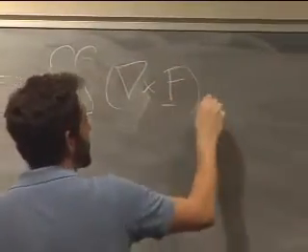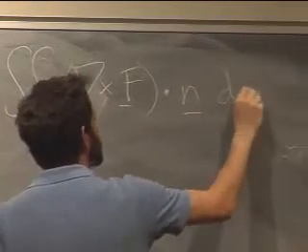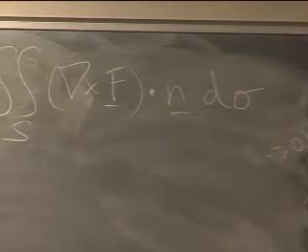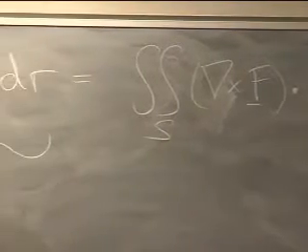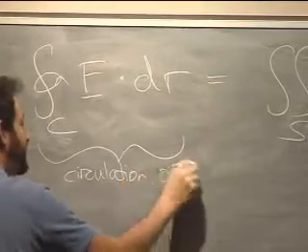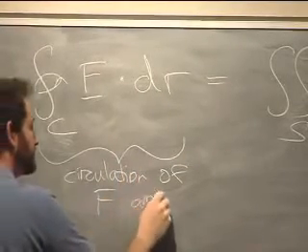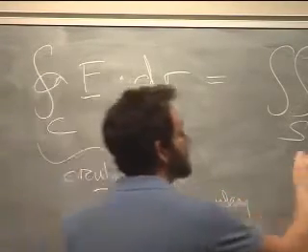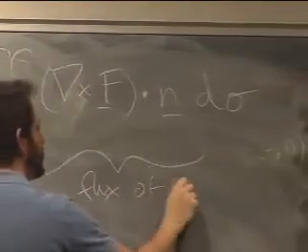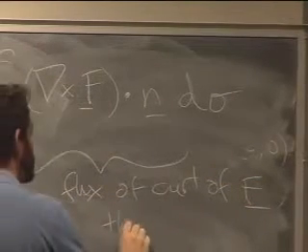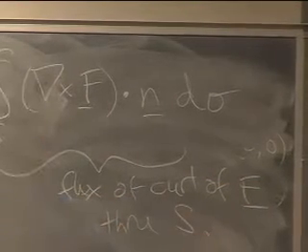You take the curl of F and you take the flux of that. Okay, so this is the circulation of F around the boundary, whereas this is the flux of the curl of F through the surface.